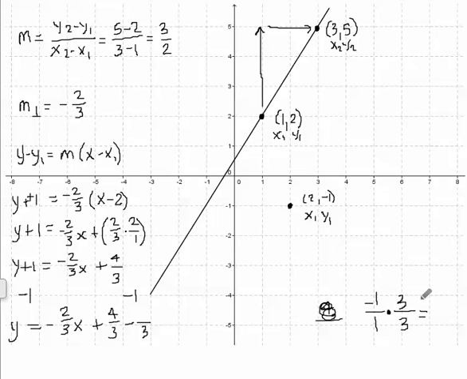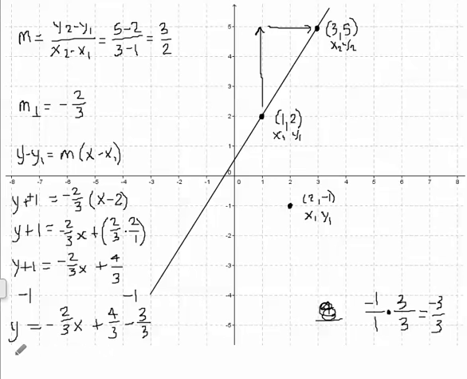So when I multiply these across the top, I get negative 3 over 3. And common sense tells you, hey, that's negative 1 because negative 3 divided by 3 is negative 1. So this still has the value of negative 1 that we want. So we want to subtract 3 over 3, and that's the equivalent of subtracting 1.